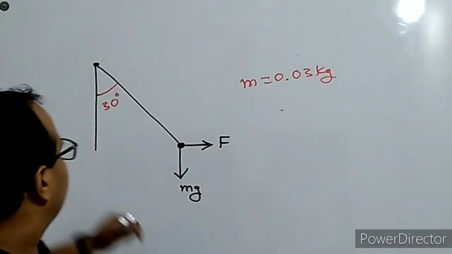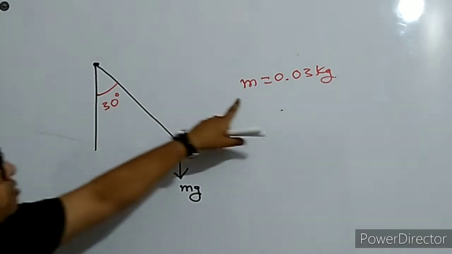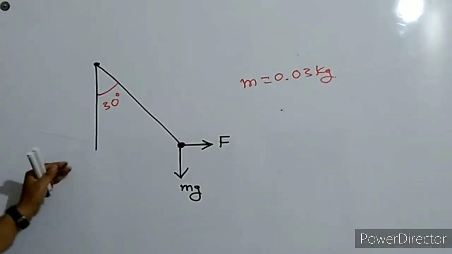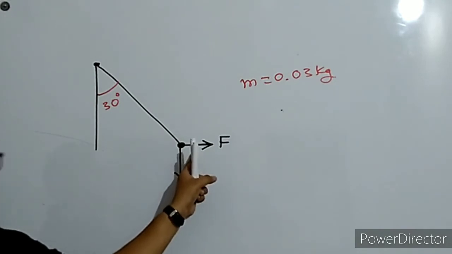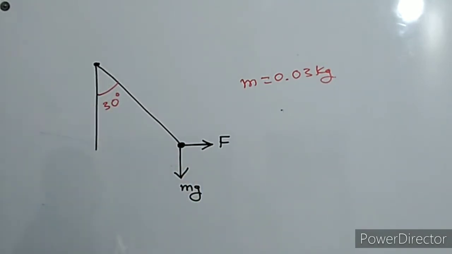In the next question, we have to see that there is an object, okay, and its mass is given as 0.03 kg, and from this vertical line, earlier it was hanging like this, and now it is displaced to this point, such that this line is making an angle of 30 degrees with the vertical.